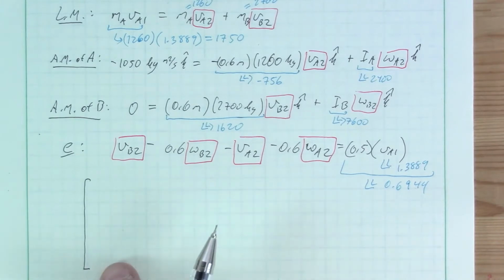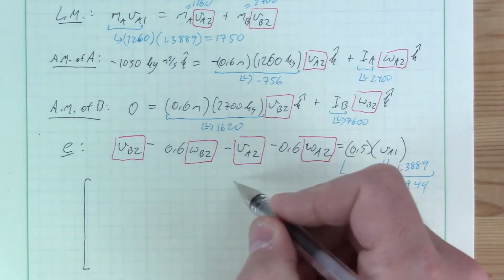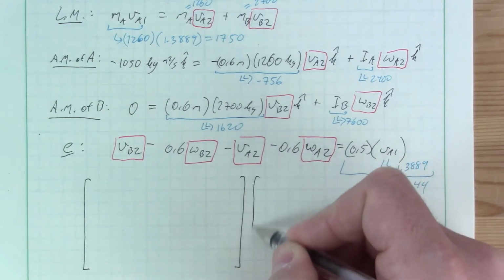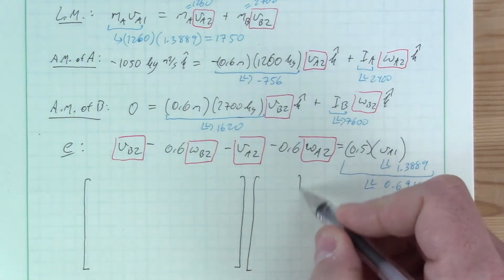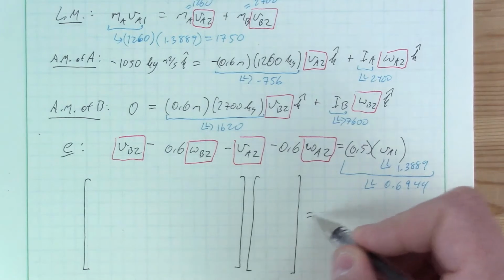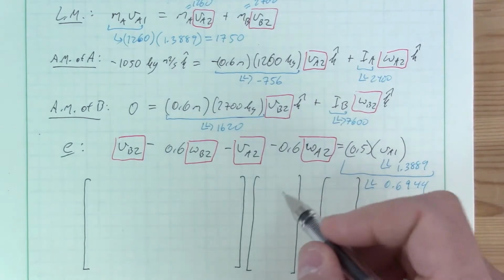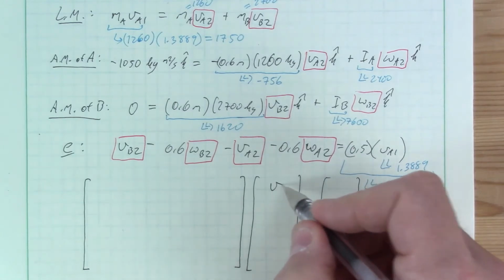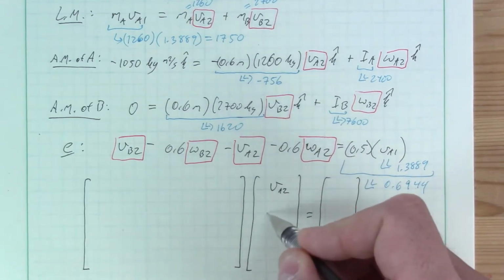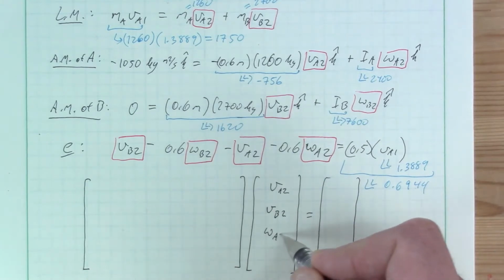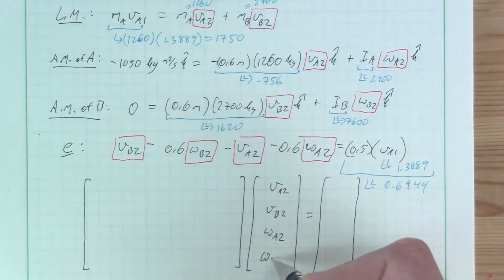Okay. So what we can do is set up a matrix equation. A system of linear equations can always be represented this way. Okay, and it looks like this, right? So you put your unknowns here: velocity of A2, velocity of B2, angular velocity of A2, angular velocity of B2.